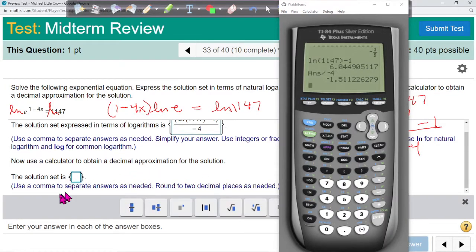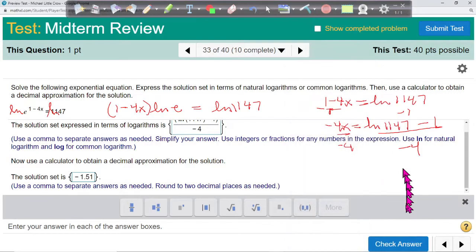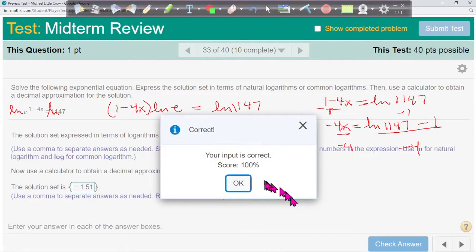Now use a calculator, round to 2 decimal places. Okay, that's always important. -1.51. That's 2 decimal places. No need to separate by a comma. There's only going to be one answer. And we are correct again.